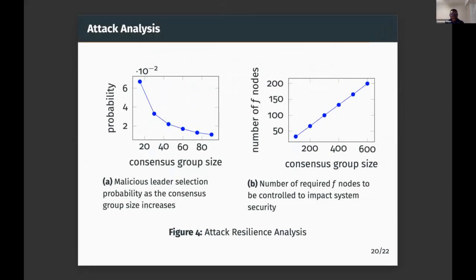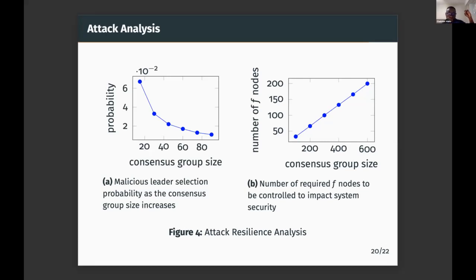And so in this figure, this is some results of some attack resilience analysis of the system. The graph on the left shows the probability of a malicious leader selection as a consensus group leader as the consensus group size increases.